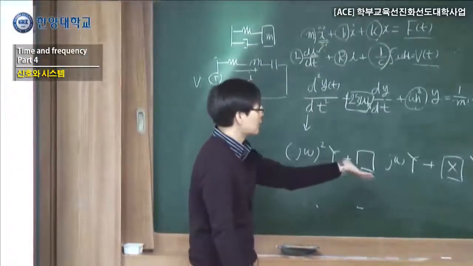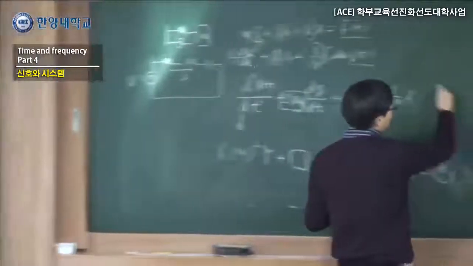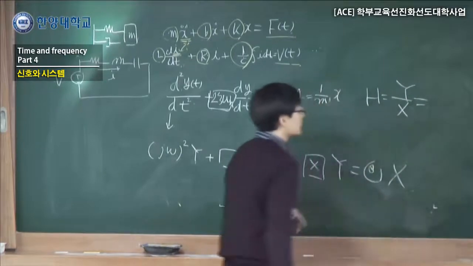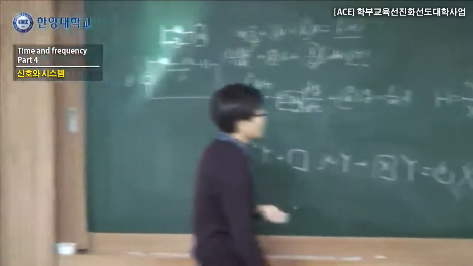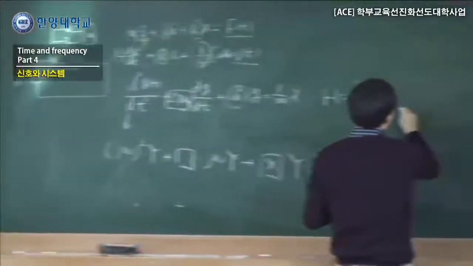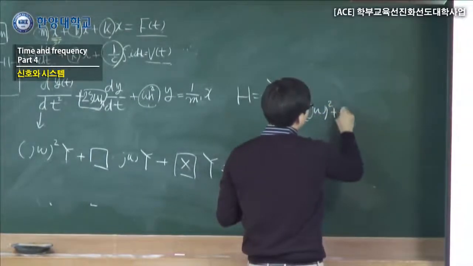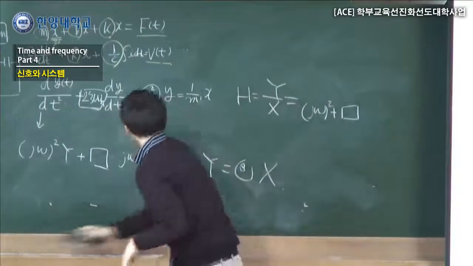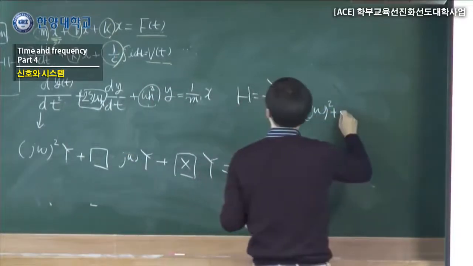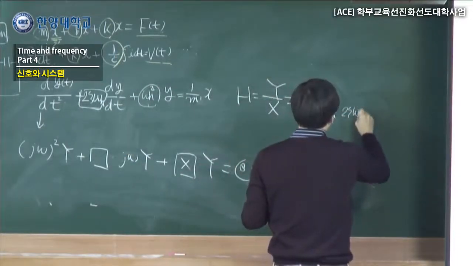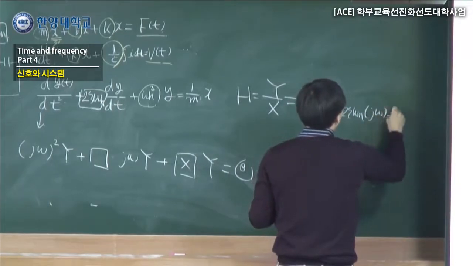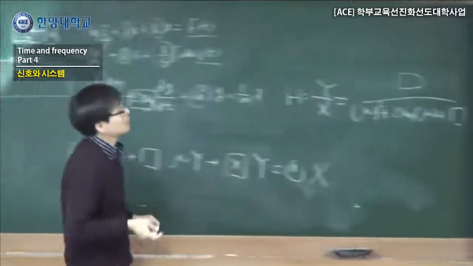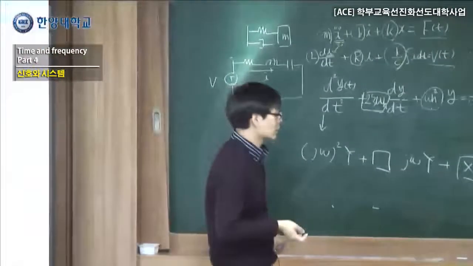If you solve it, the transfer function H, which is y over x, will have the form of some constant over (j omega) squared plus 2 zeta omega n j omega plus some constant. That's the relationship you have.